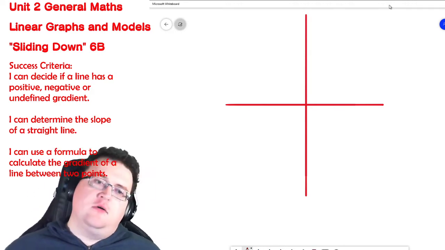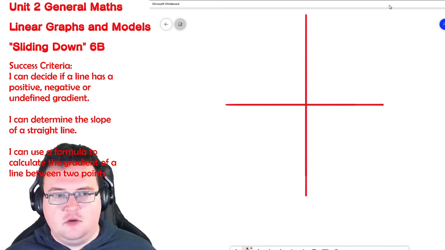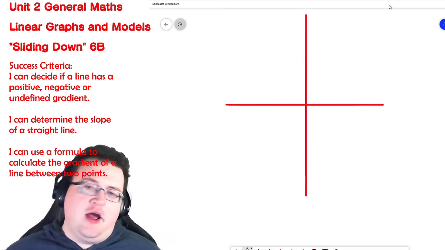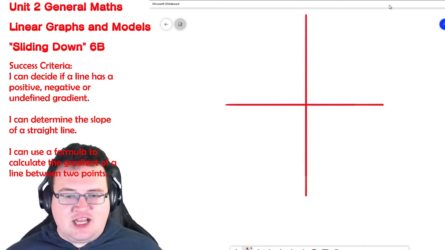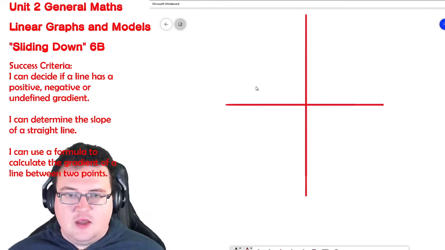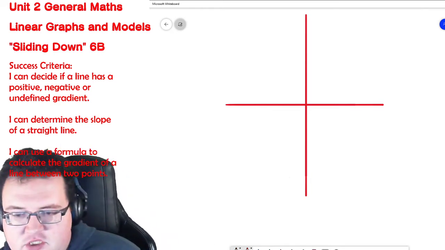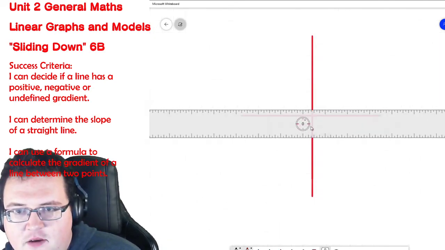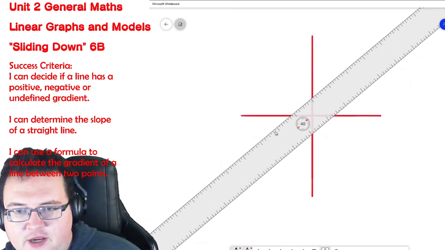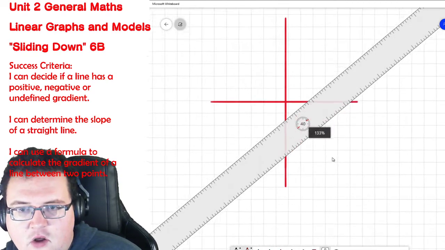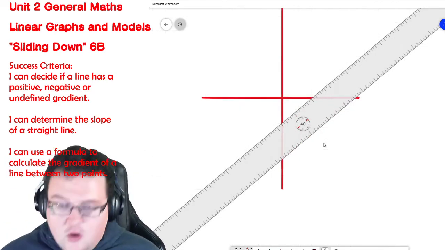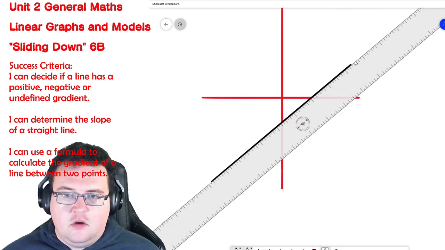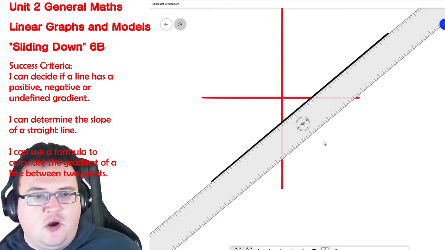But first of all, what we have over on my left, your right, is an axis. And what I'm going to do here is draw an example of a positive gradient line. All right. So this is an example of a positive gradient line.